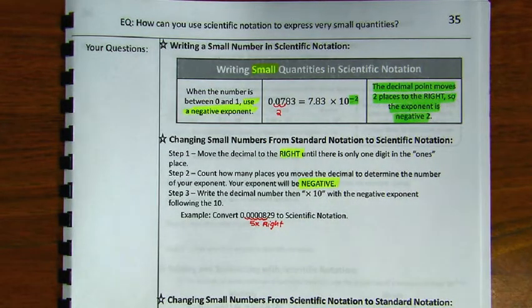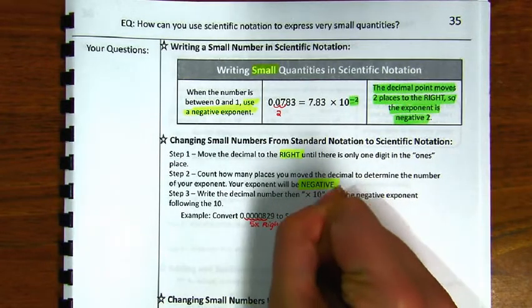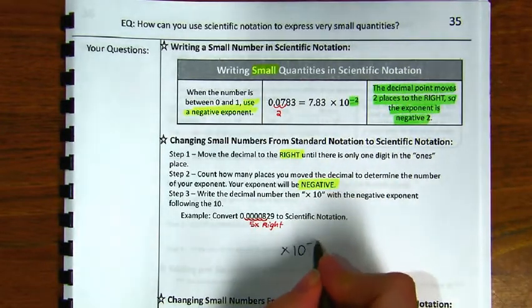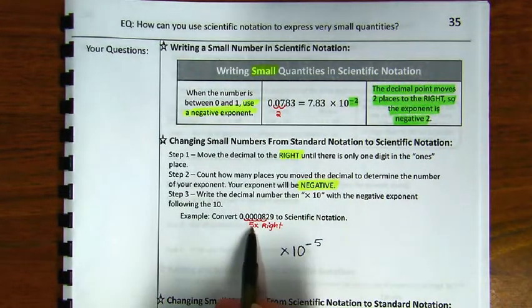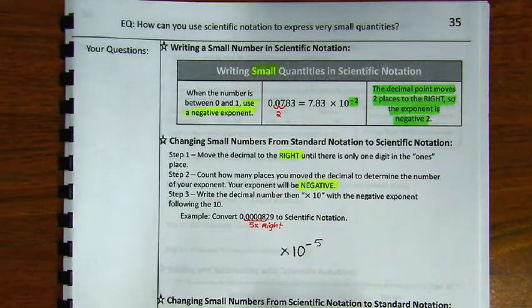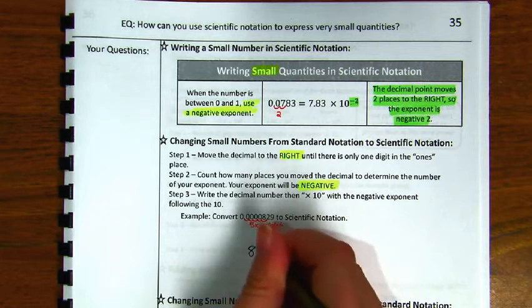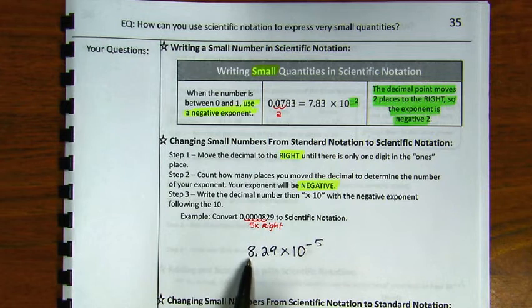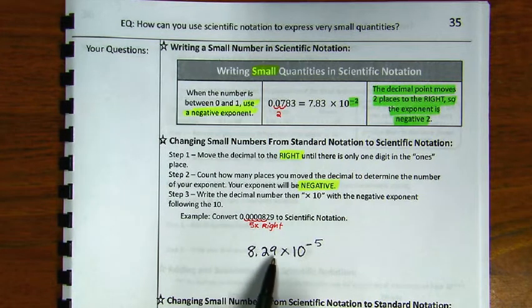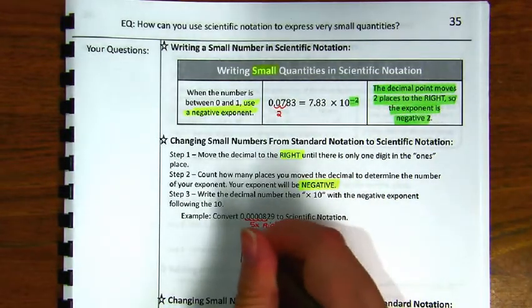Okay, so since I moved it 5 times to the right, I know that I'm going to have times 10 to the negative 5, because we moved 5 times to the right. And my number now is 8.29. I can check if this is scientific notation by making sure that my base is a number between 1 and 10. It is. So we're good. This is scientific notation.